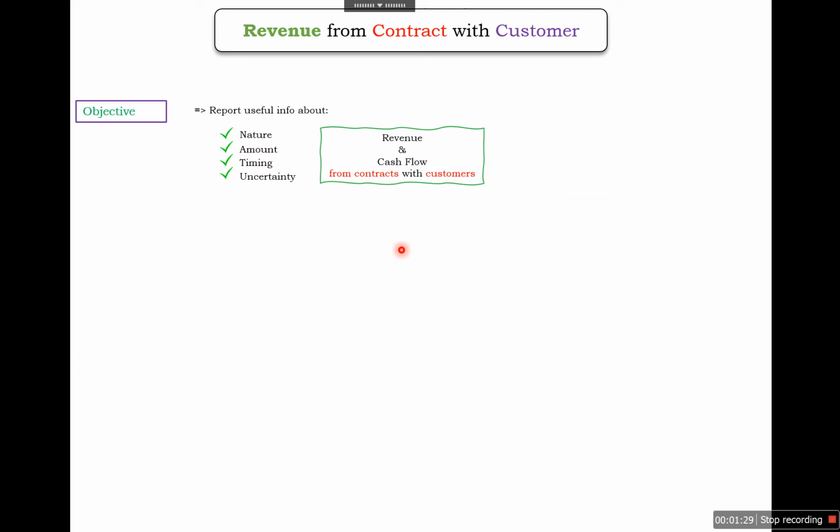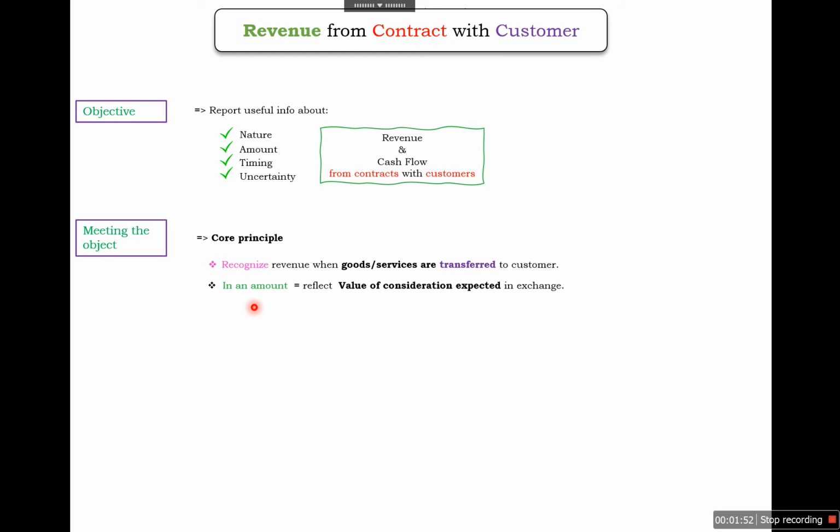The objective of Ind AS 115 is to provide useful information about the revenue and cash flow that are generated from the contract with the customers. And the objective of this Ind AS 115 is to recognize the revenue. So recognition will be when the goods and services have been transferred to the customers for monetary terms.